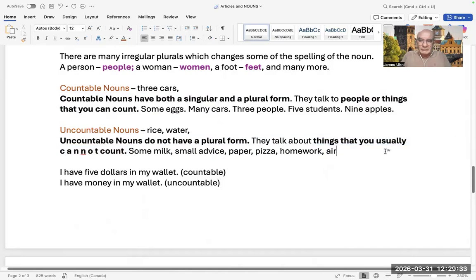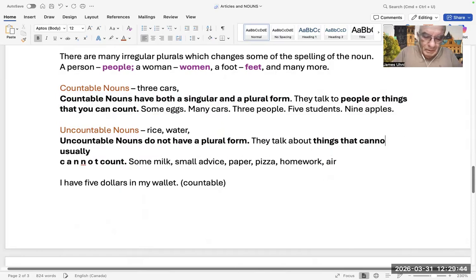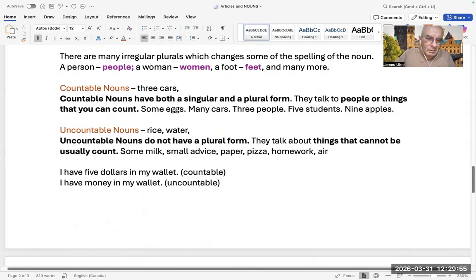Things that you cannot usually count. Some milk, and now we have some over here and we have some over here, but we have milk, so liquid.